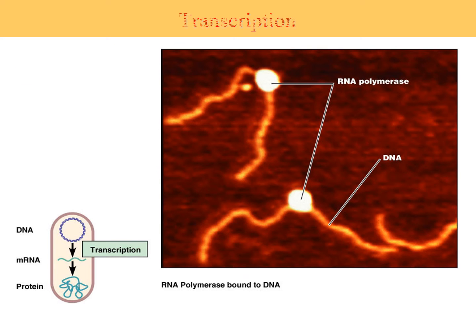That was DNA replication, in terms of making a copy of the genome so the cell can divide into two new daughter cells.